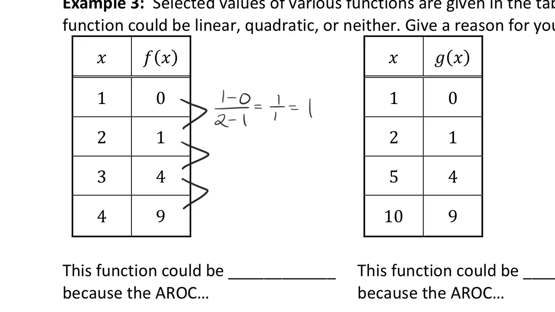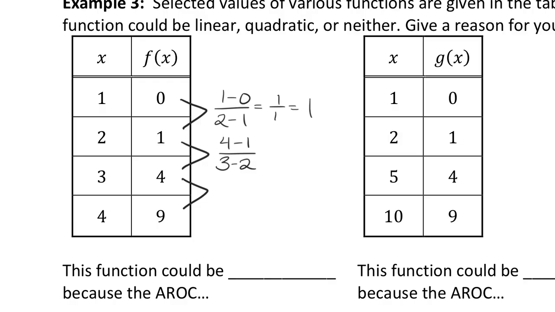If we find this average rate of change again, the bottom input value for this middle grouping is 3. So we'll do 3 minus 2 on the bottom and 4 minus 1 on the top.